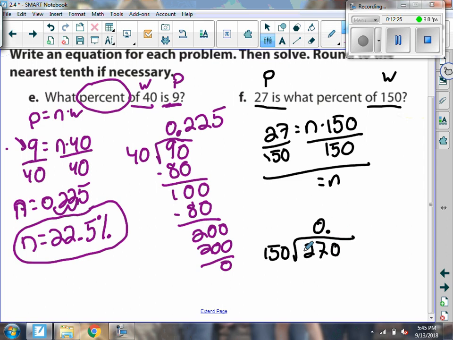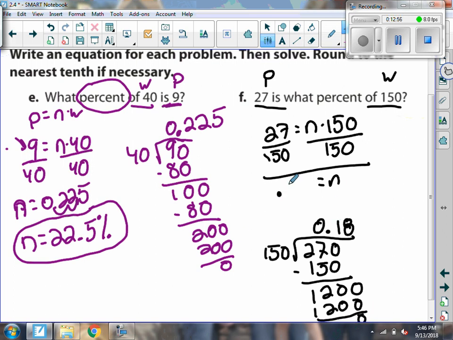It goes into 270 1 time. So 0 minus 0 is 0, 7 minus 5 is 2, and 2 minus 1 is 1. So I have to add another 0. 150 goes into 1200 8 times. 150 times 8 is 1200.